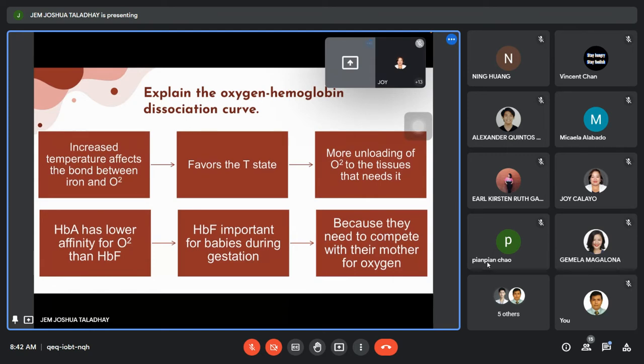This is because babies during gestation need to compete with their mother for oxygen. Therefore, the need for the fetal hemoglobin. So it's another factor on why there would be a shift to the right on the oxygen hemoglobin dissociation curve.